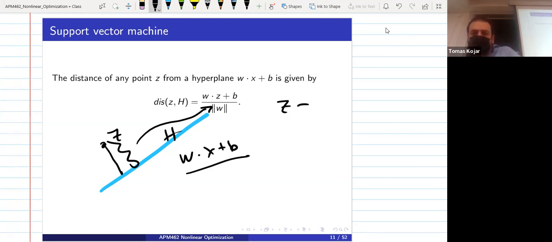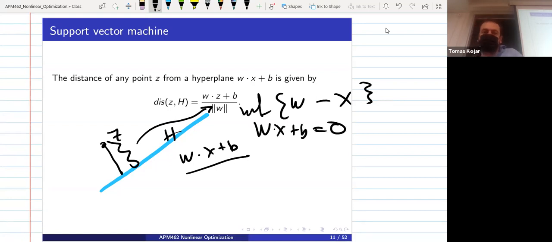So you have the infinity norm of z minus x over x, such that, no. It's like this. w x + b is 0. Then I think just plug it in.